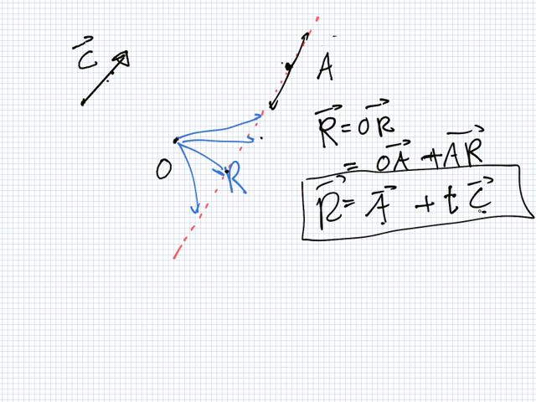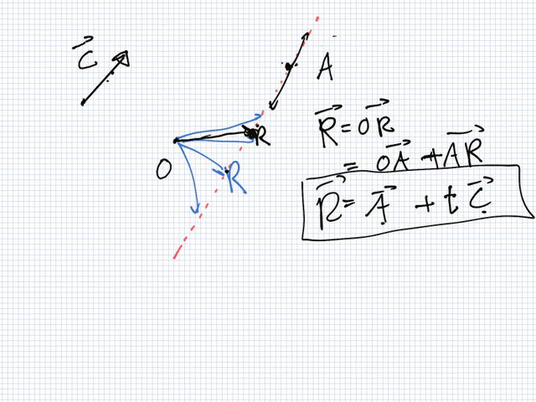Why is it parallel? OR? Yeah. No, OR is not parallel to C. This, for example, here's OR. That's not parallel to C. I'm saying AR is parallel to C. Yeah. Isn't that minus TC? It doesn't matter because it's just the way I drew it.